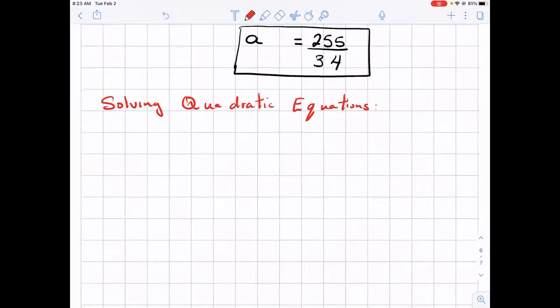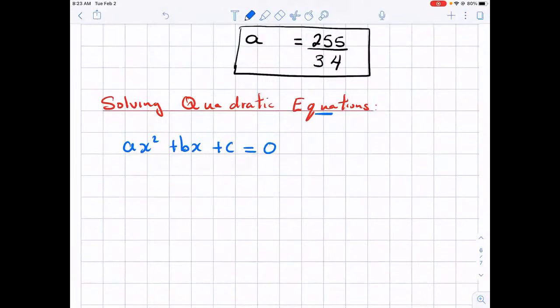Okay, so remember a quadratic, if you recall when we did factoring, a quadratic equation is written ax squared plus bx plus c, now it's an equation, equal to 0.